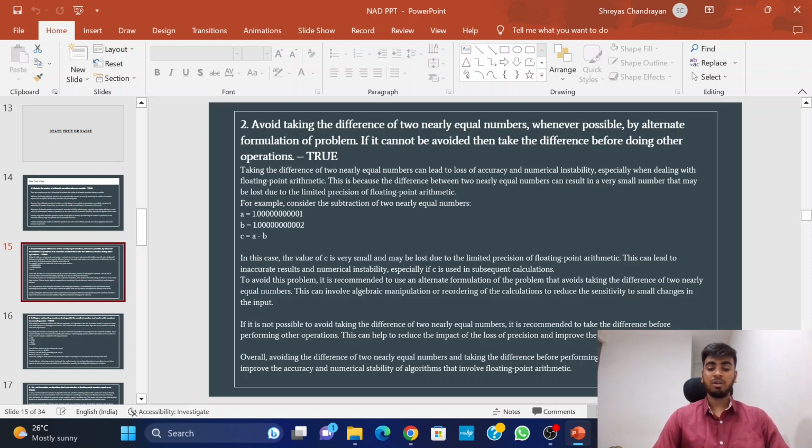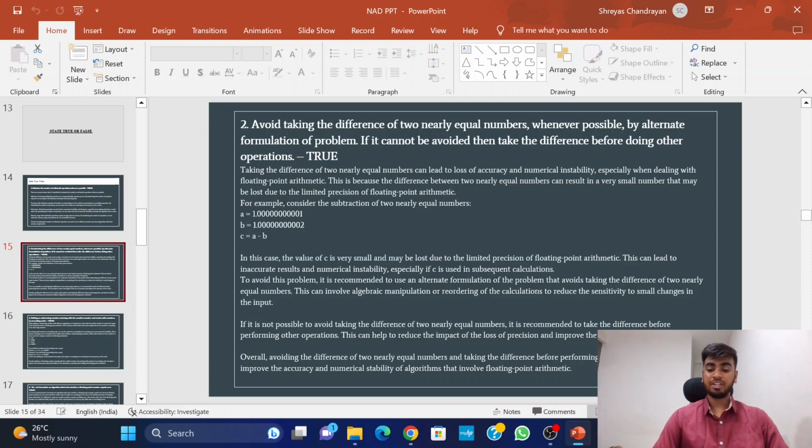To avoid this problem, it is recommended to use an alternative formulation of the problem that avoids taking the difference of two nearly equal numbers. This can involve algebraic manipulation or reordering of calculations to reduce the sensitivity to small changes in the output. If it is not possible to avoid taking the difference of two nearly equal numbers, it is recommended to take the difference before performing other operations.